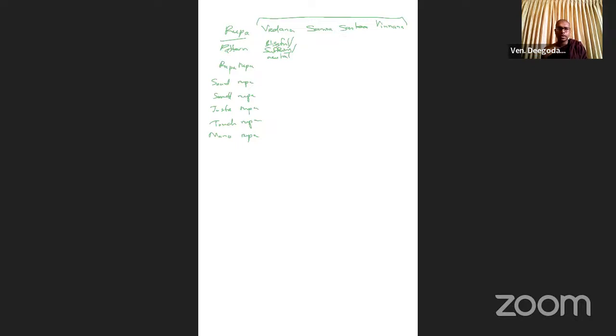Again, this applies to all the 6 components which were in Rupa. Rupa is the one that gave rise to Vedana, Sanya, Sankara, Vijnana.